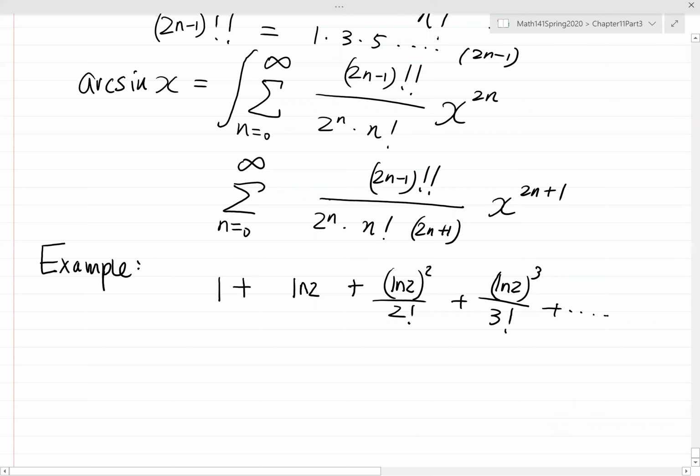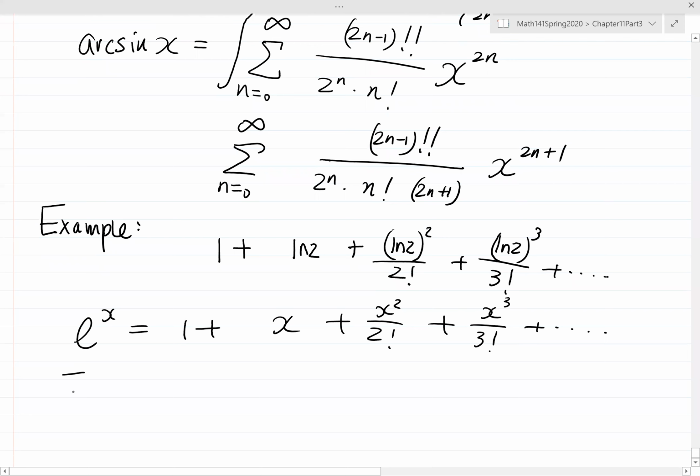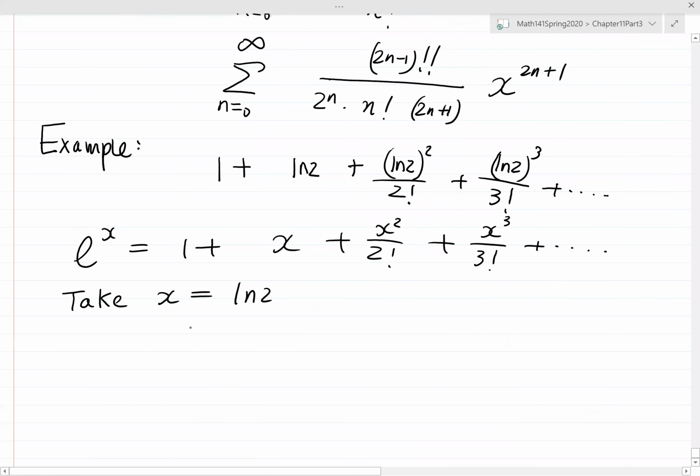Now you see, this is actually, remember e to the x is 1 plus x plus x squared over 2 factorial plus x cubed over 3 factorial, etc., etc. Now you substitute x by ln 2.